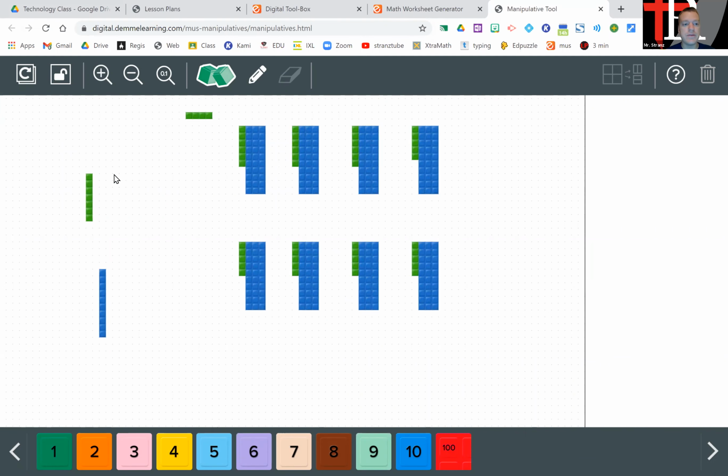So how much does each group have so far? Okay, so far, these two up here have how many tenths? They have 3 tenths, and they have 1, 2, 3, 4, 5, 6, 7 ones.